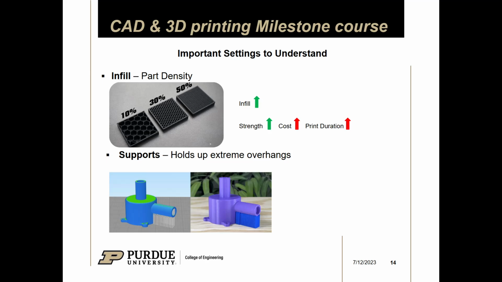So to fix that, we use supports, which is basically the sacrificial material that will print underneath to cradle the part, depending on the geometry. So supports are usable, but if you can design something without supports, that would be even better, right? Because it saves time, it saves material, and you don't have to post-process your part.